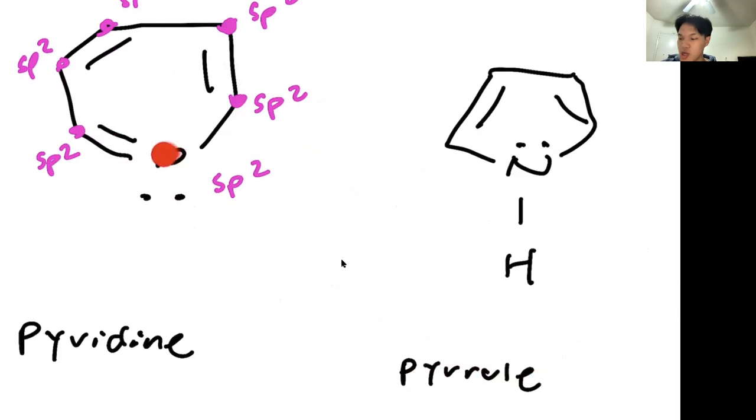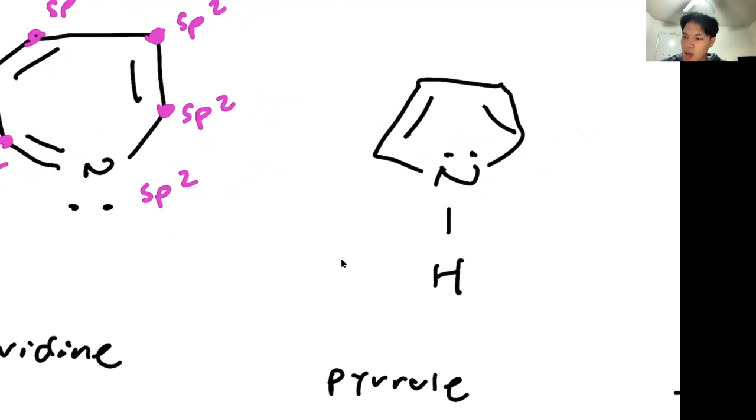You see how this nitrogen had a double bond connected to it, and we didn't count this nitrogen's lone pair of electrons here, right? But with this molecule, there are no double bonds connecting to this nitrogen, okay? So this double bond can and will participate in aromaticity. So it goes like that, goes up here, and then this goes to that carbon.